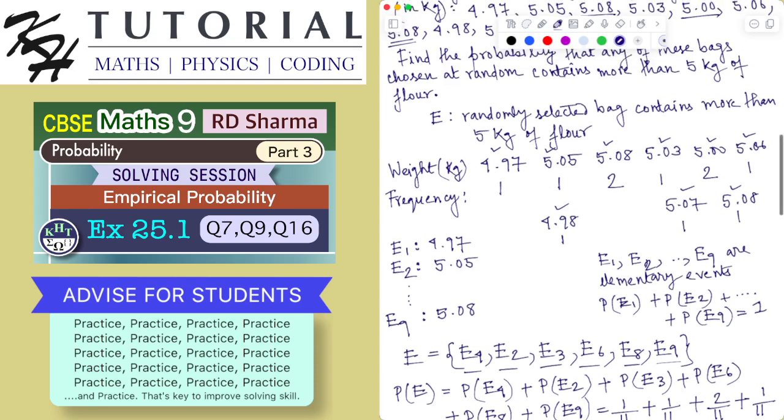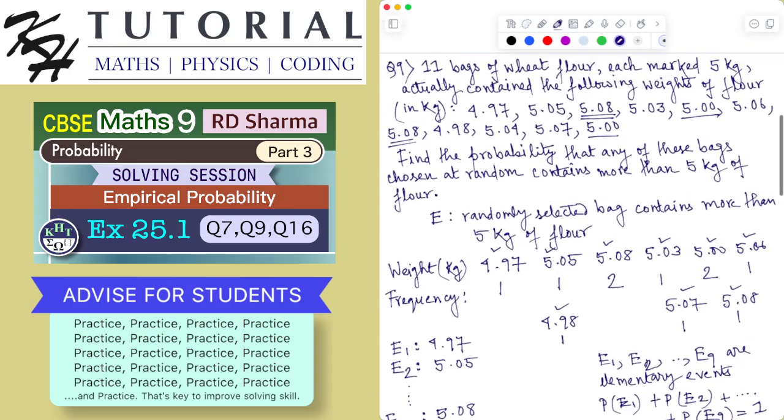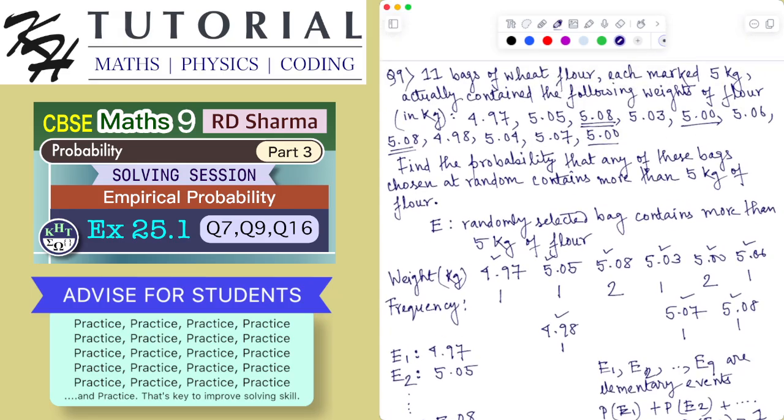But you could have easily solved this problem orally by counting the number of bags whose weight is marked more than 5 kilogram, which will be 5.05, 5.08, 5.03, 5.06, 5.07, 5.04. So 1, 2, 3, 4, 5, 6 and 5.08, 7.